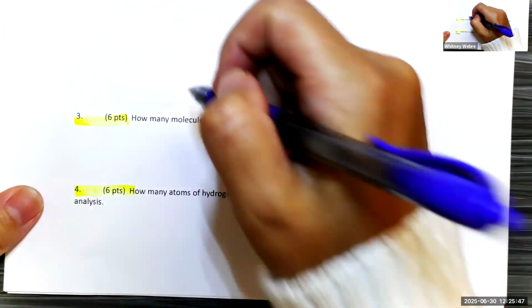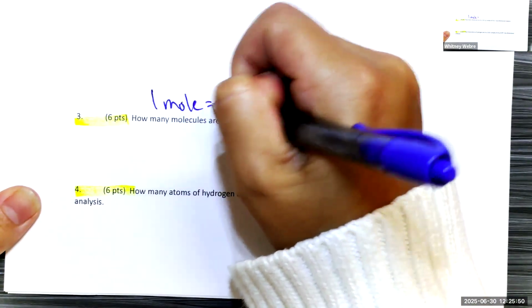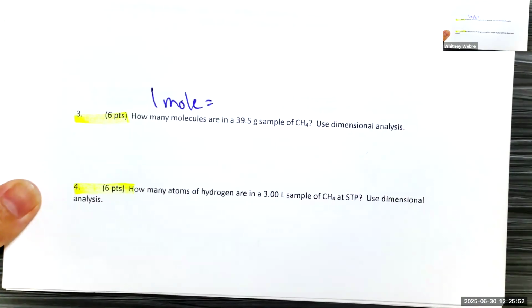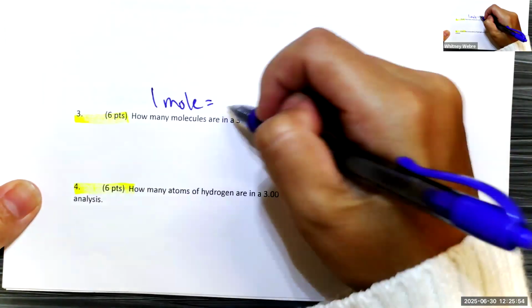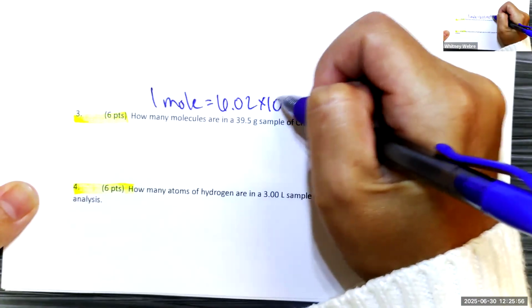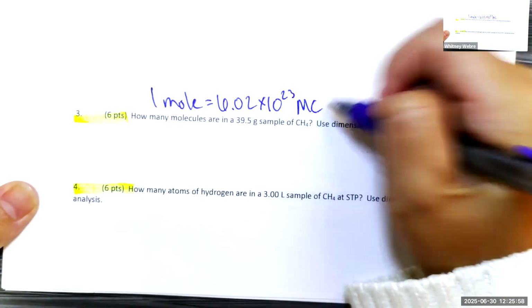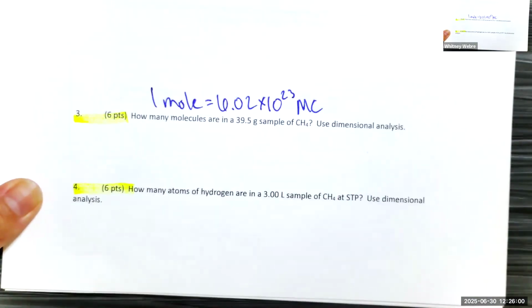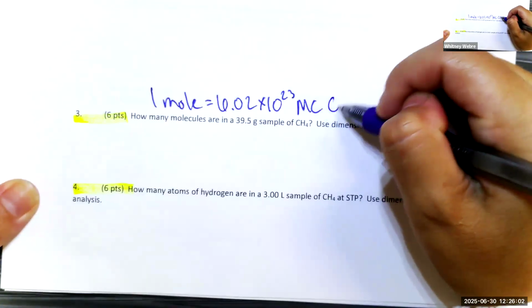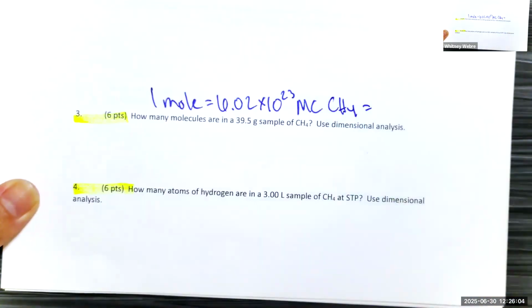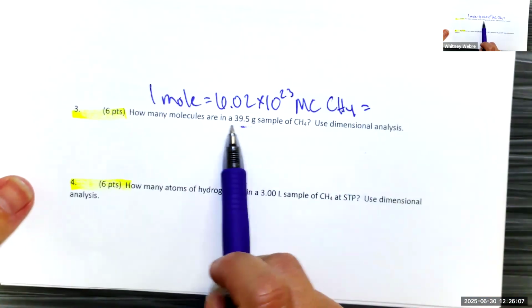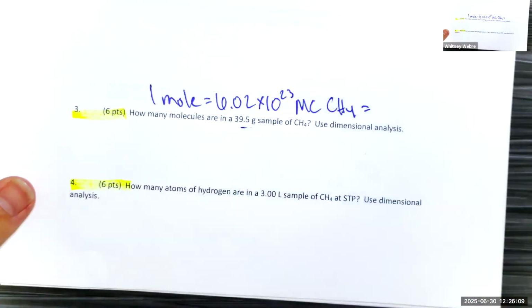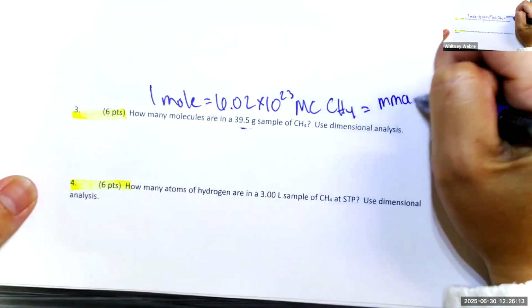Going off the mole triangle, if I have 1 mole, how many representative particles are there? Y'all remember the number? And I'm going to write MC because instead of putting representative particles, I can just leave it as molecules. Okay. In the question, it mentions grams. So the third part of that mole triangle is molar mass.